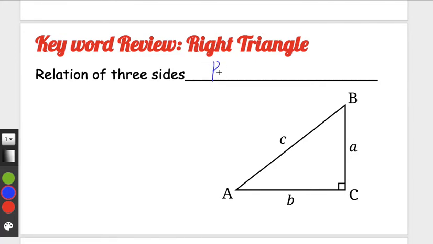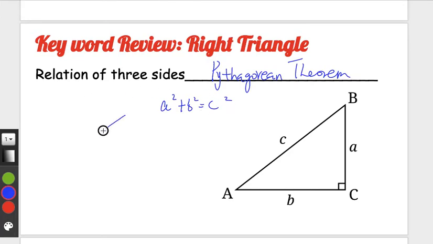It starts with P, which is the Pythagorean theorem. So if I label the two legs, the two sides of the right angle, as A and B, and the longest side as C, then we always follow this: A squared plus B squared equals C squared.